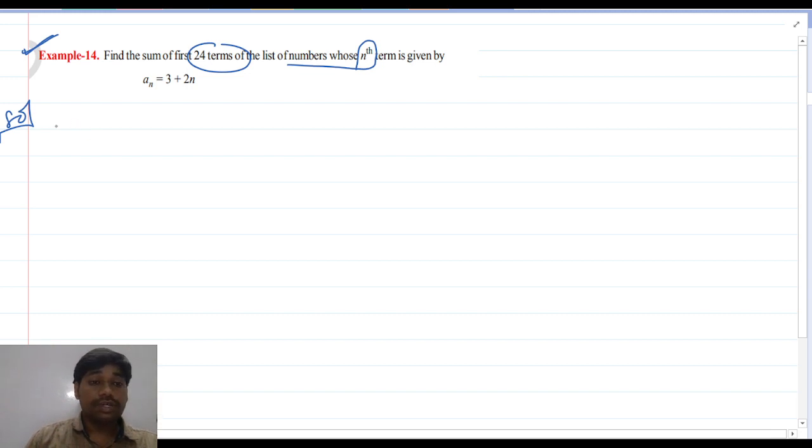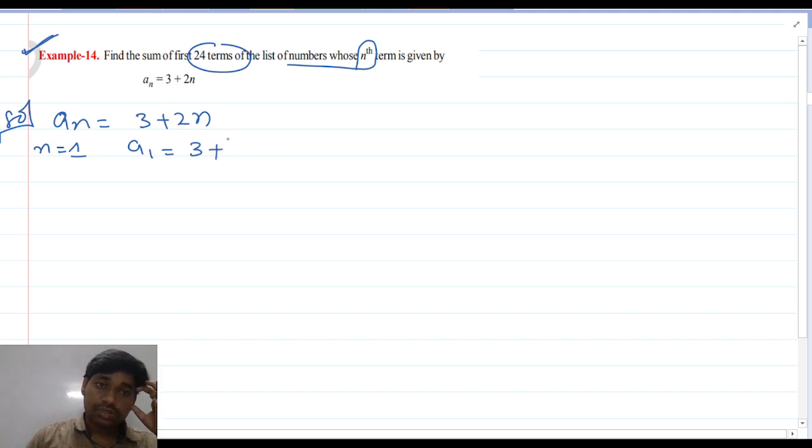That is, if an is equal to 3 plus 2n, then if n is equal to 1, a1 will become 3 plus 2 into 1, which is 3 plus 2, equal to 5.